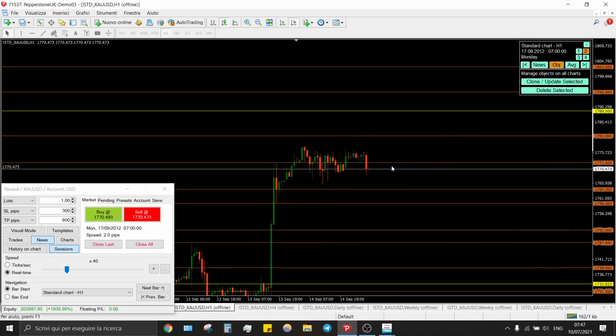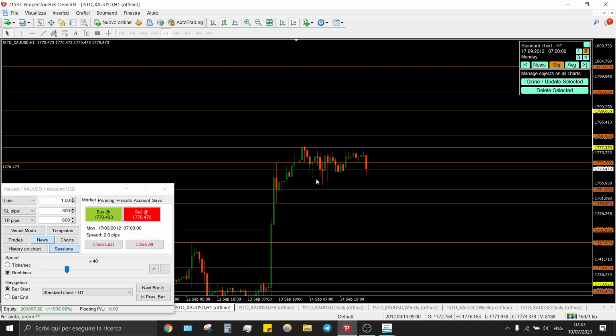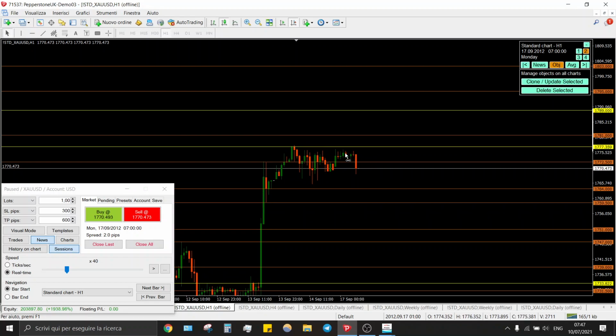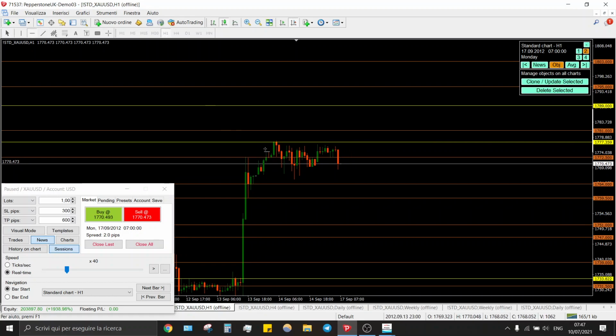So we can now see the creation of this order block. We can say that we are going to look for buys above this level. Now we are going to be more detailed, or even sells, high risk sells below this 1769 last resistance support, or safely below the key levels.